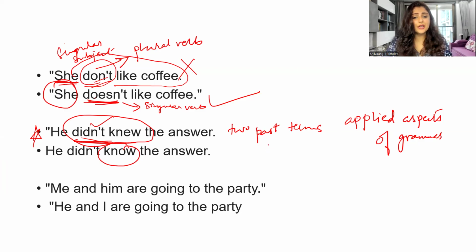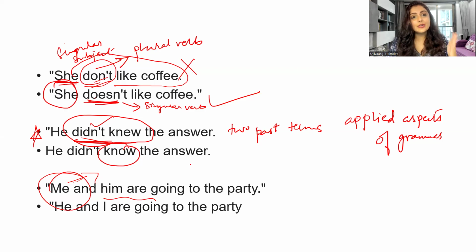Look at the third expression: "me and him are going to party." We very often tend to use "me" as a subject of our sentence, and this is exactly what we have done in this sentence also. "Me" is being used as the subject. My dear friends, me, him, her, them, all these are object pronouns.